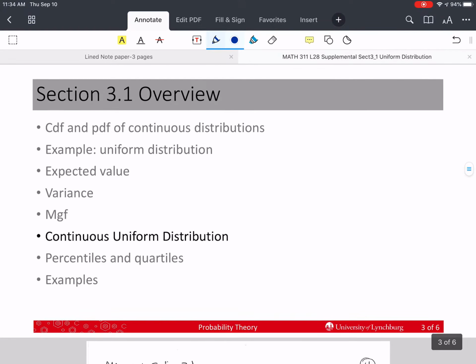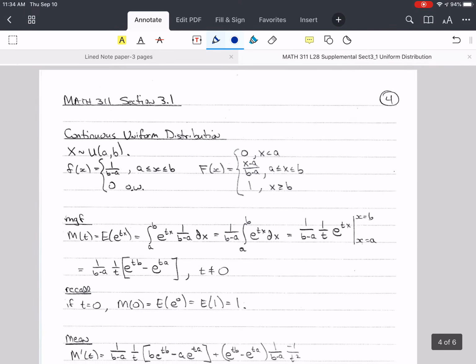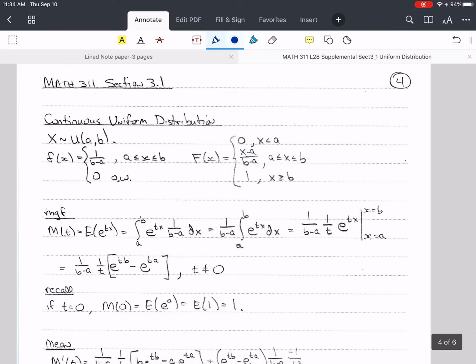So the uniform distribution is one of the few distributions that has the same name in the discrete and continuous forms or versions, if you will. As we talked about last time, we have the CDF and the PDF of the uniform distribution.